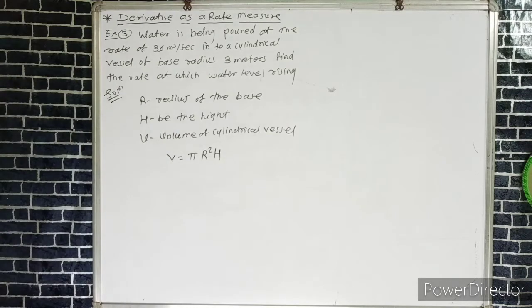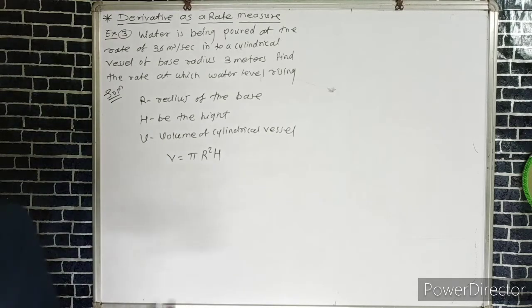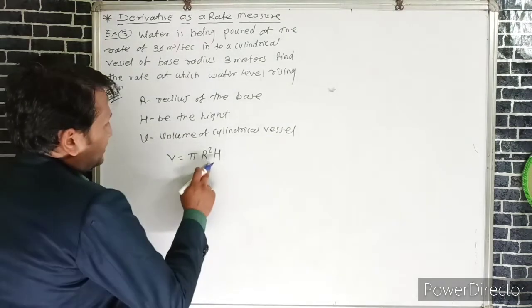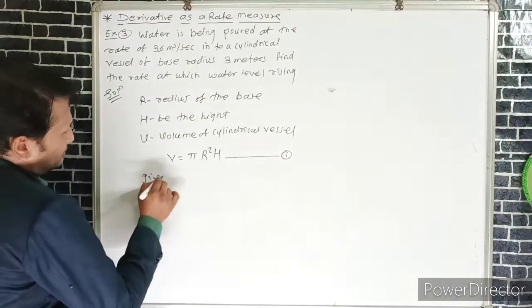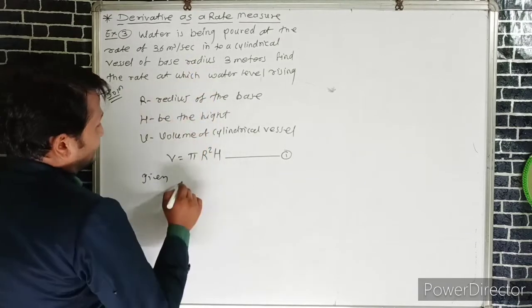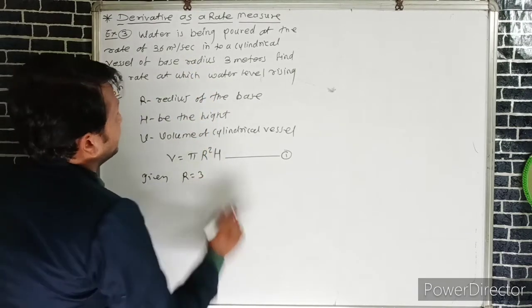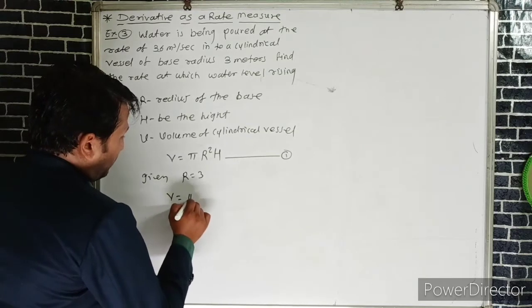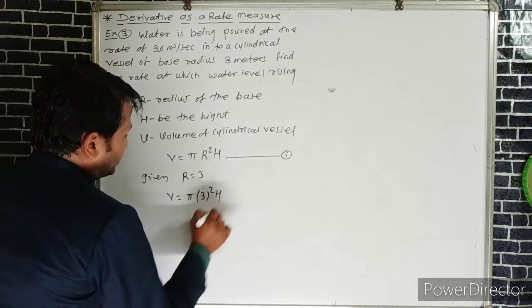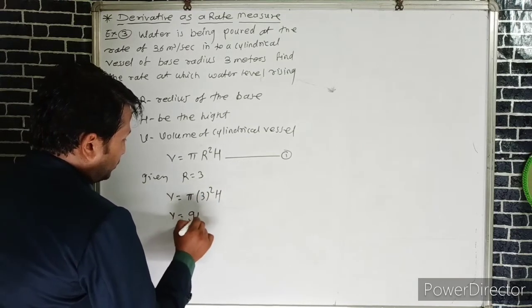So this is equation number 1. But given that the radius r is equal to 3, we can write V is equal to pi into 3 square h, or V is equal to 9 pi h.